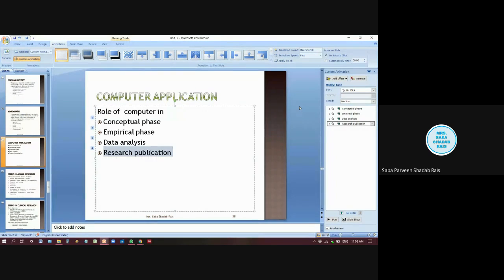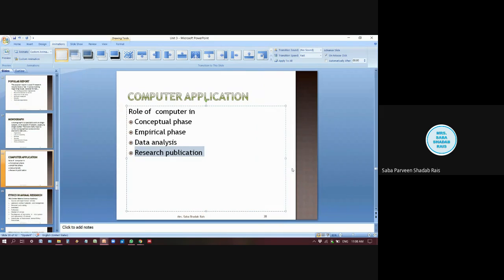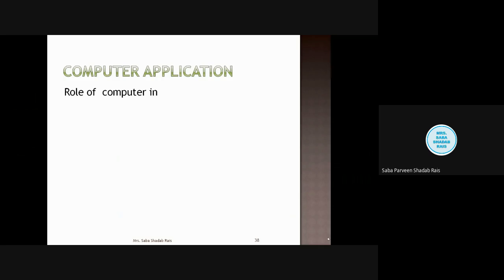Empirical is the practical part, and after doing that practical part we get a lot of data, and at the end we are disseminating the data and publishing it. So all these are the four different phases. How the computer plays an important role, we will discuss one by one. That's why I have added the animation. So, first of all, we will be talking about the computer.